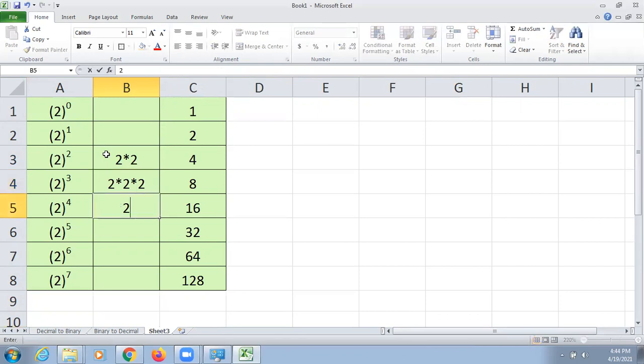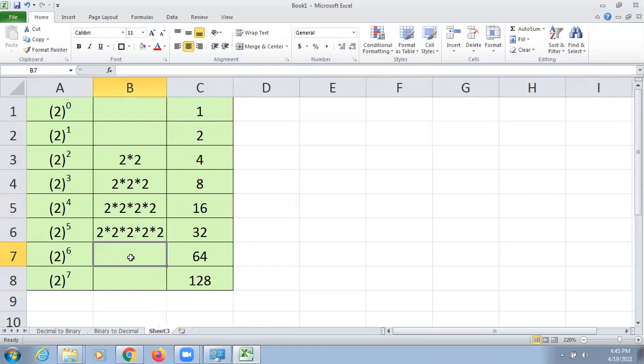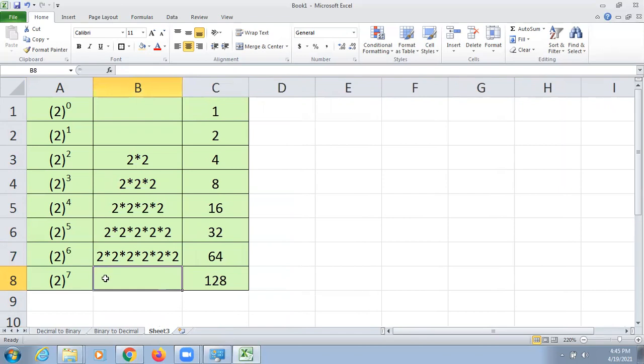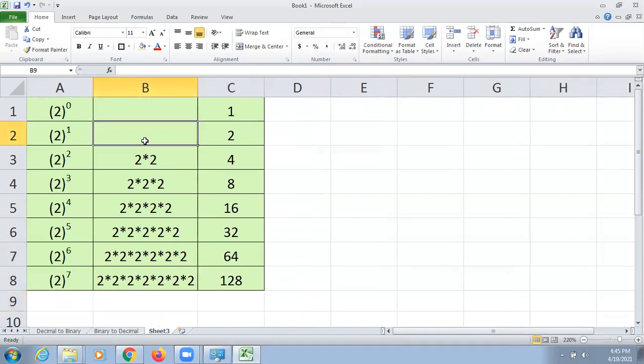Next is 2 multiplied by 2 four times, then five times, then six times, then seven times.